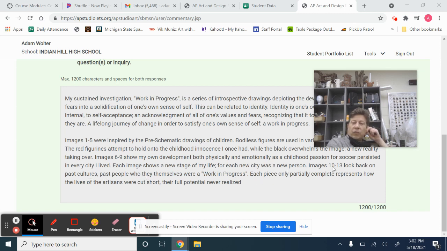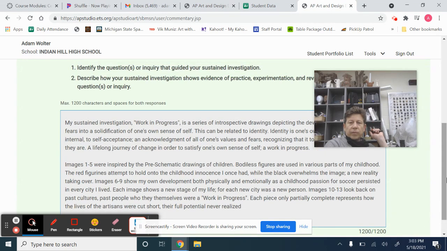Each piece only partially complete represents how the lives of the artisans were cut short and their full potential never realized. He did mention when he was talking about those pieces that each life expectancy was different for the real ancient looking things versus the Roman Empire and that sort of thing.